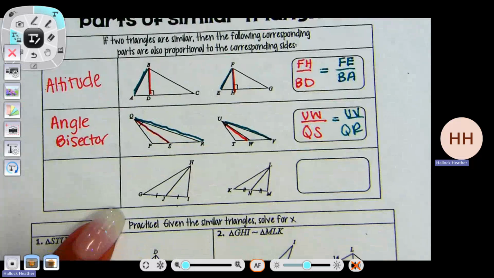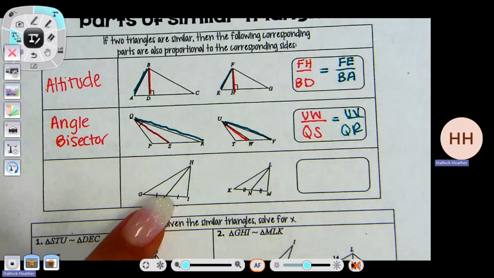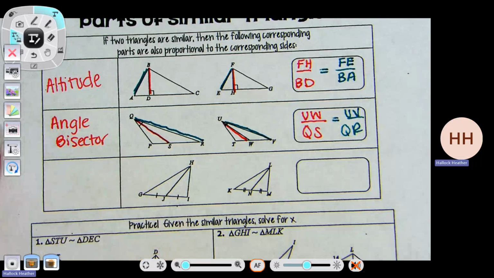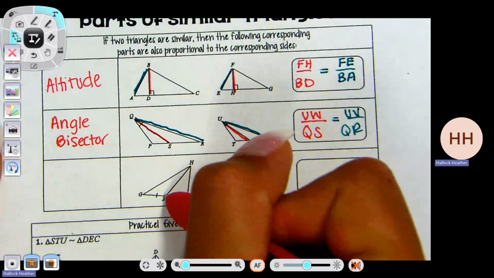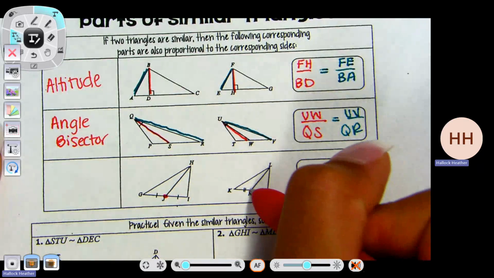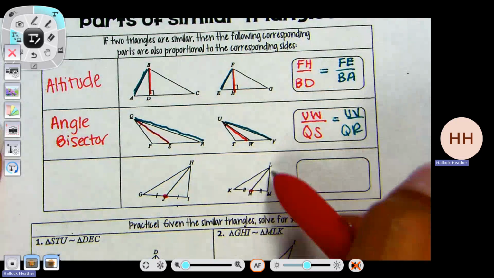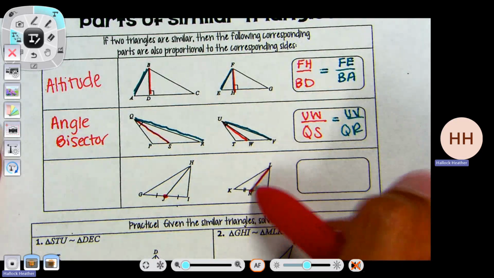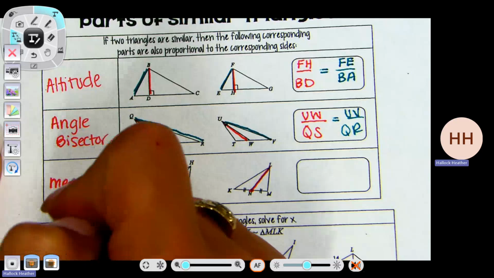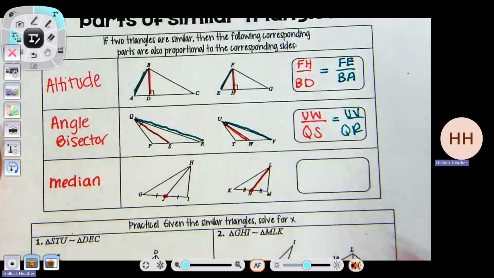So this one, notice that it's saying that the segment is congruent. That's technically creating a midpoint. So J is a midpoint and N is a midpoint. We're not going to call it a midpoint. The line that connects across to the midpoint is actually called the median. So median, midpoint.